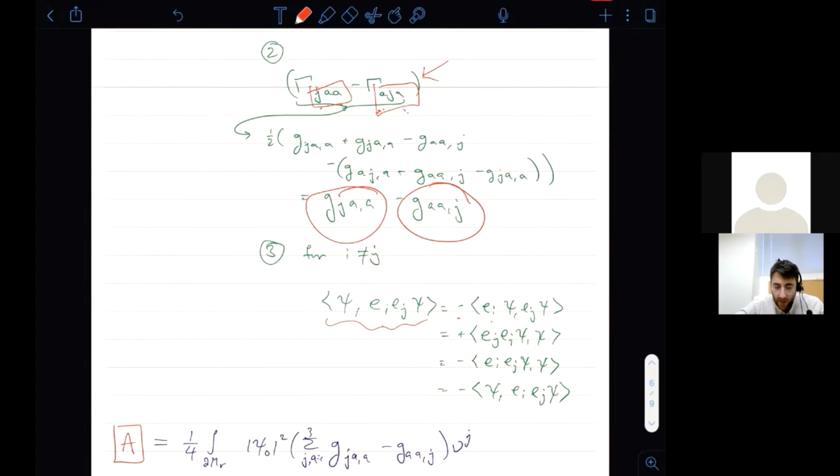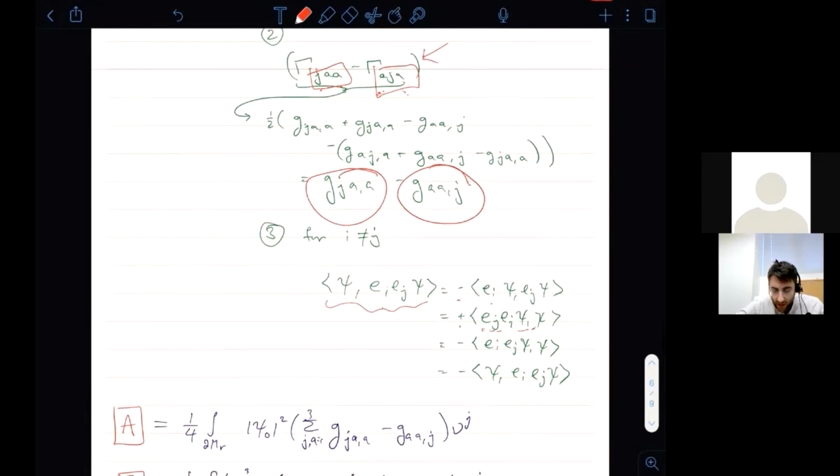If you do Clifford multiplication by EJ, that allows you to, at the cost of a sign, move a J from one side to the other. And now if you then do a switcheroo of EI and EJ, because I'm assuming that EI and EJ are different, then you pick up a minus sign just from the anti-commutativity of these things. And then if you change the order, I forgot a bar here, if you change the order of the Hermitian inner product, you pick up a conjugate.